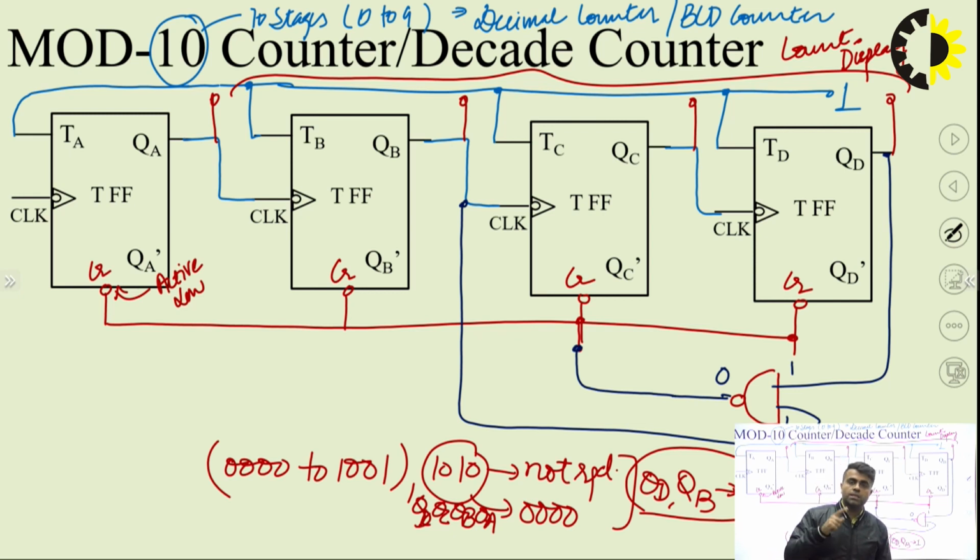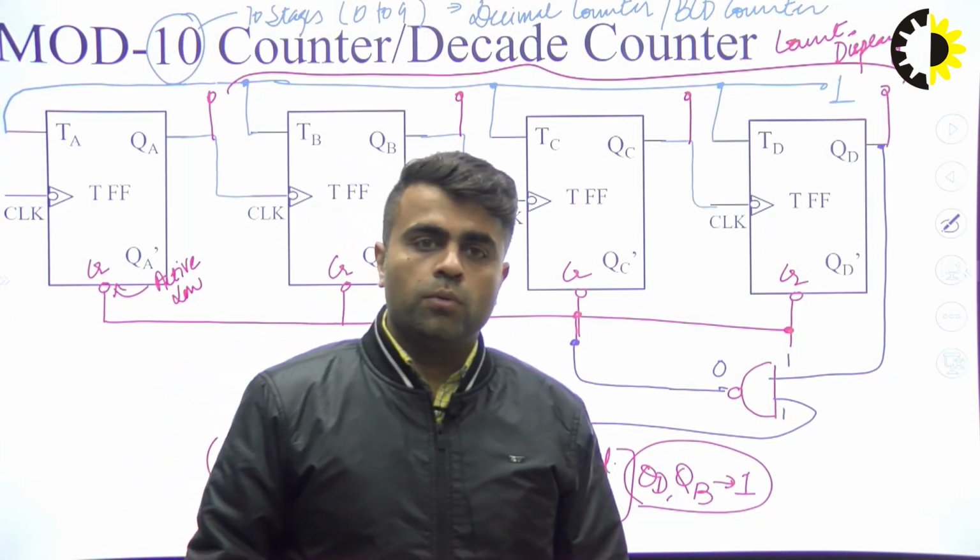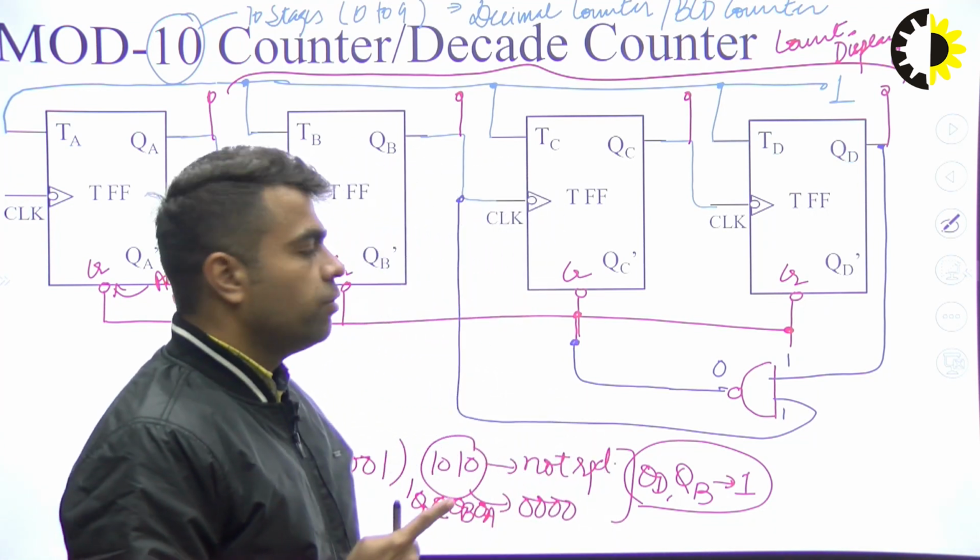But as soon as the counter reaches 10, that means 1010, QD and QB are 1. So if QD and QB are 1, then this NAND gate will generate a 0 output, and this 0 output will clear all the flip-flops.